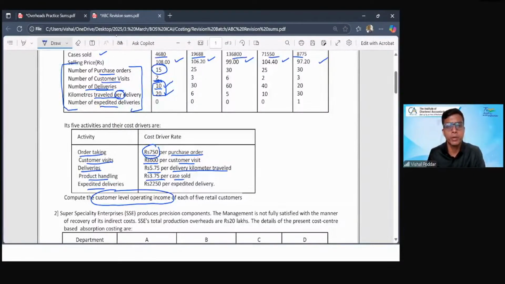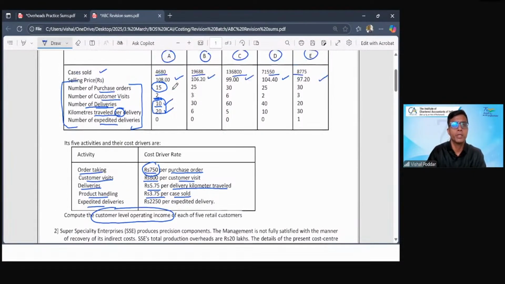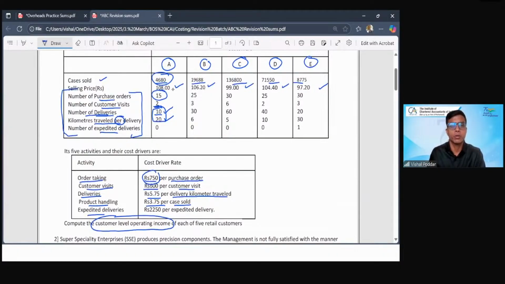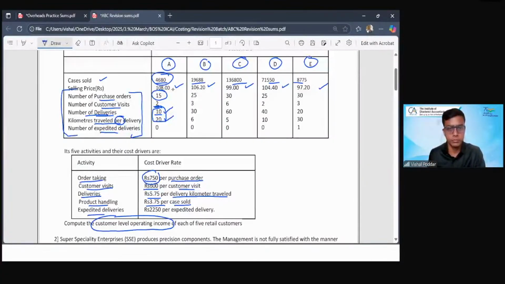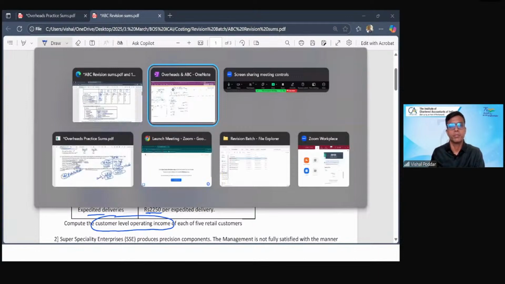Then 3.75 per case sold. So I have these cases sold, which is 4680 into 3.75. See, these cases sold, I'm going to use here also, 4680 cases. 2250 per expedited delivery.